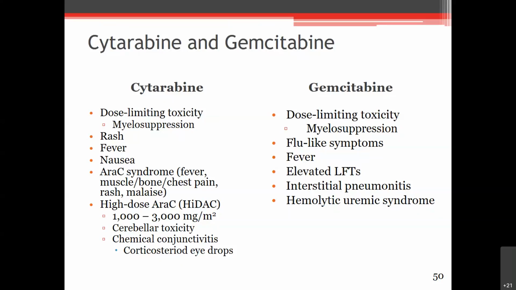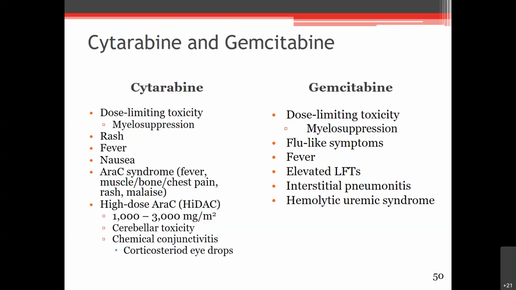When we talk about high-dose cytarabine or high-dose Ara-C, we're referring to doses between 1,000 and 3,000 milligrams per meter squared. The unique toxicities here include cerebellar toxicity, so patients may have impaired balance or coordination, may have slurred speech.